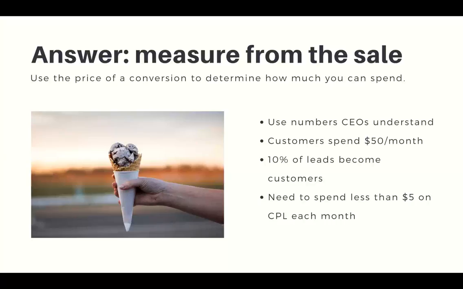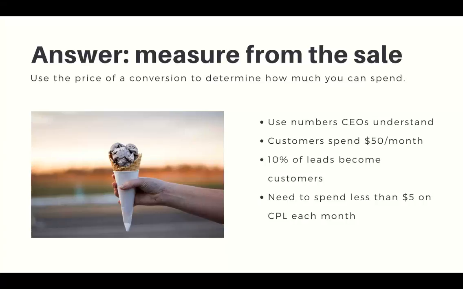If 1% of your impressions, of your interactions, of the people who, and by impressions, it could be a wide variety of things. People who comment on a Facebook post, people who visit your website, people who take any number of steps on your various platforms.